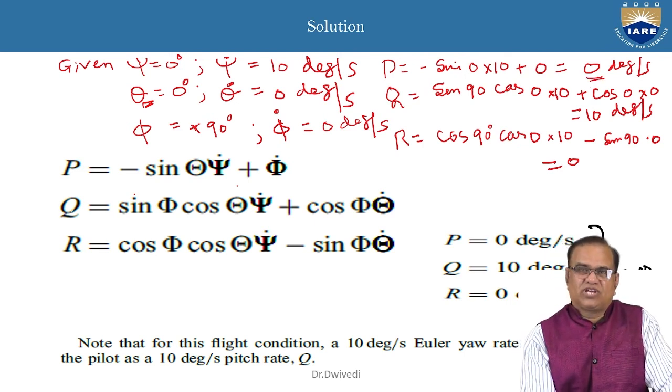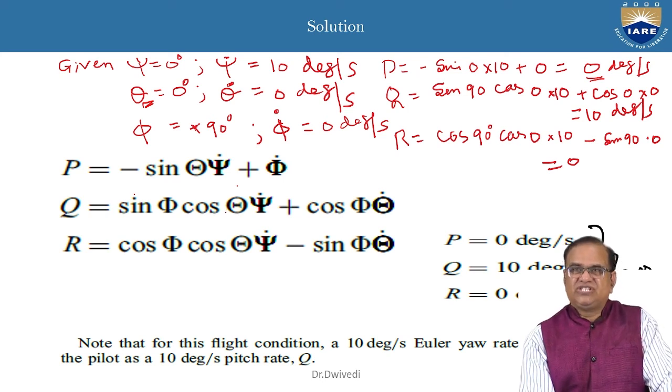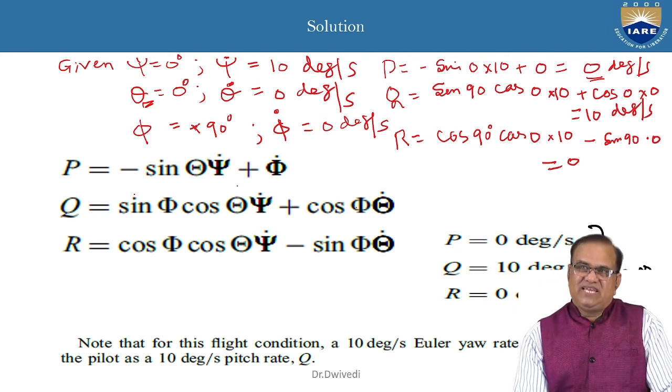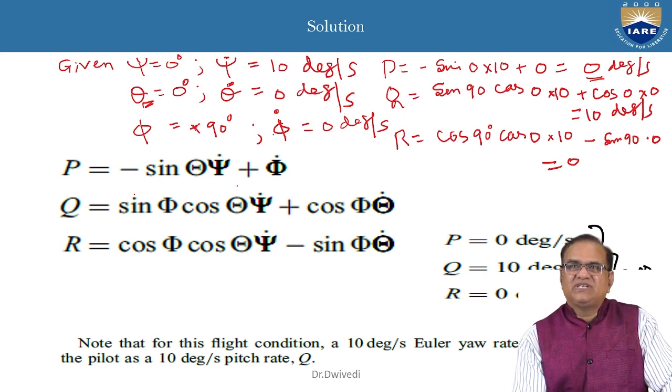Now to find Q, Q is equal to sine phi cos theta psi dot plus cos phi theta dot. So here Q is equal to sine phi. Phi is how much? 90 degree.